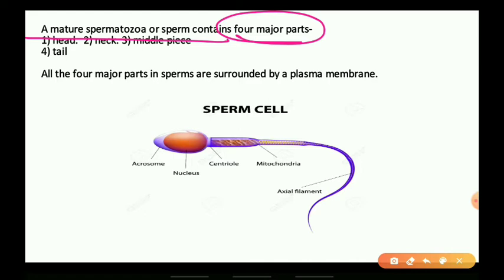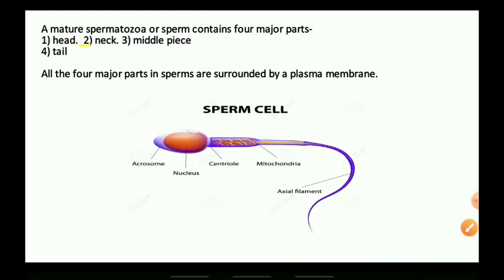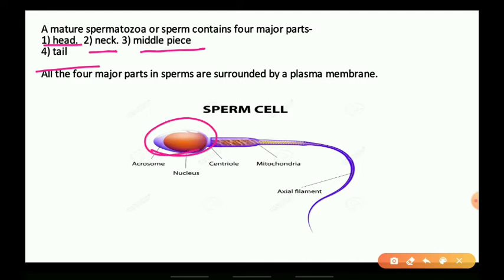Let us see: it has a head, a neck, a middle piece, and a tail. This is the head, this is the neck, this is the middle piece, and this is the tail. You can see very well. Now let us see all these in detail.